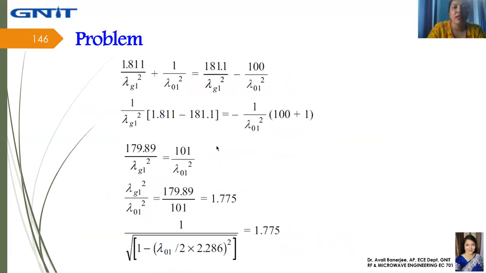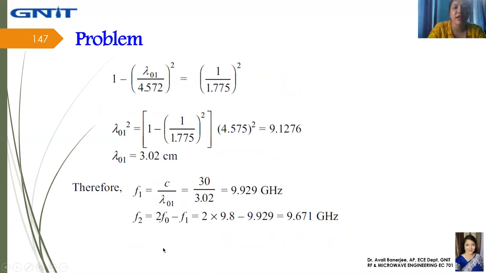So from here, lambda g1, lambda 01, I have written all these things, and at last we have obtained the value of lambda 01, that is equal to 3.02 centimeter.